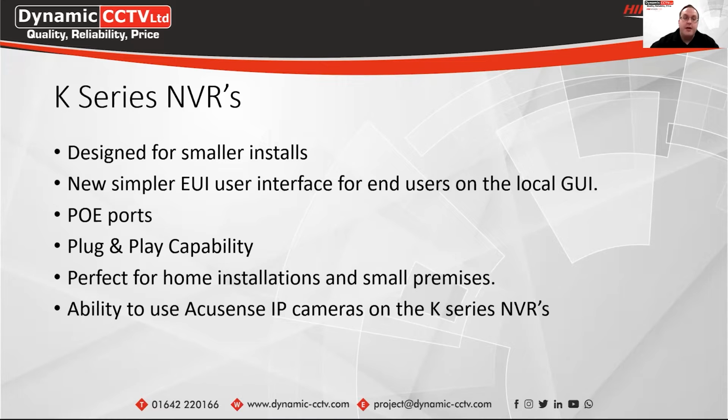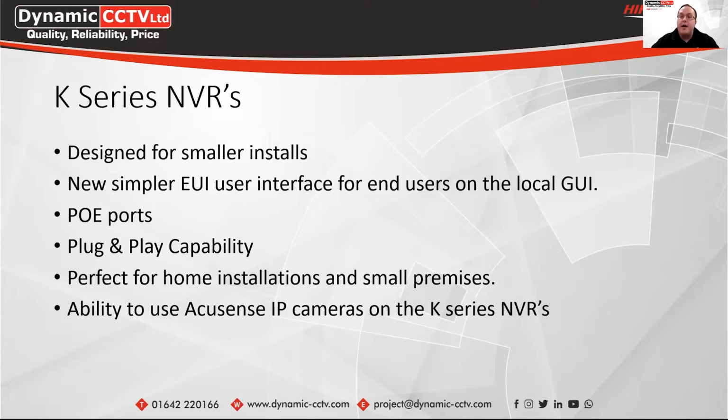And this makes it a lot easier for smaller installs. So it works in a plug and play kind of scenario where you just basically plug in the IP cameras in the back of the recorder, and the actual NVR itself would activate them, give them an IP address, and automatically add them to the NVR itself. So it works a lot similar to the TVI recorders, where once the cameras are powered up, they're on the actual DVR.